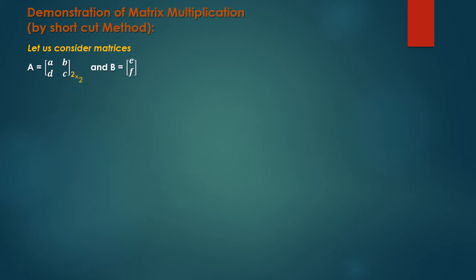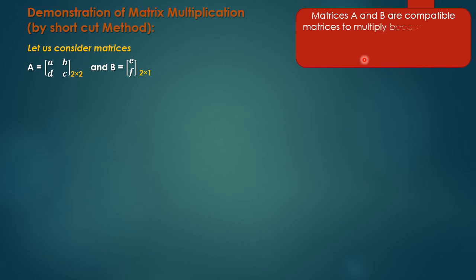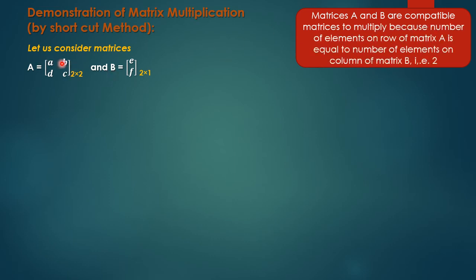Matrix A is 2 cross 2 and B is 2 cross 1. Are they compatible for multiplication? Yes, they are compatible because rows of matrix A have 2 elements and columns of matrix B have 2 elements. Now A cross B equal to AB, and you can see matrix A and matrix B.